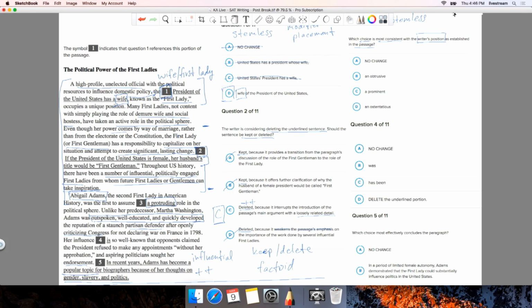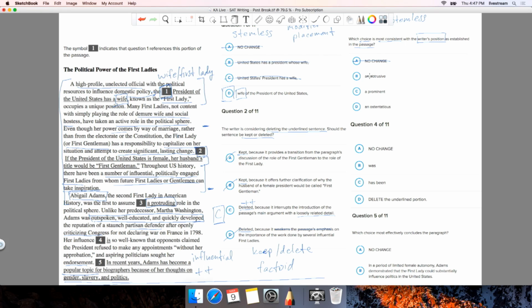Protruding sounded a bit odd when I first read it. The meaning of protruding is something that is sticking out in some way. Given that the author is pretty positive about Abigail Adams, to say that she was the first lady to really stick out in a negative way makes me think that that's probably out.